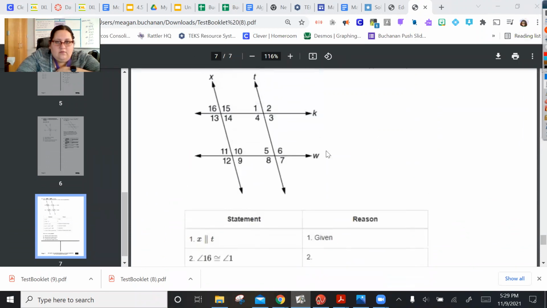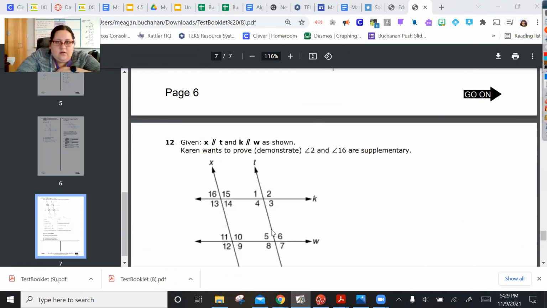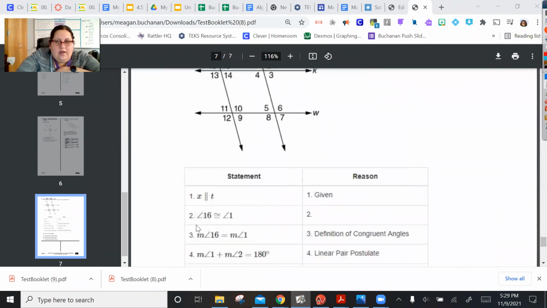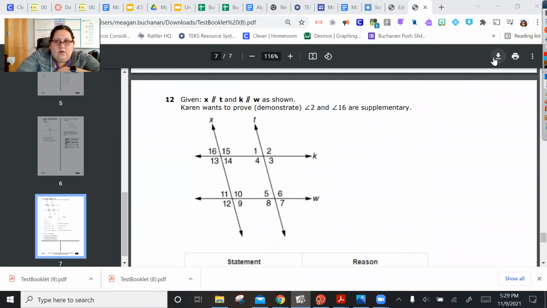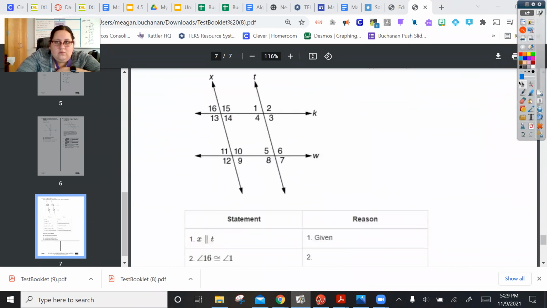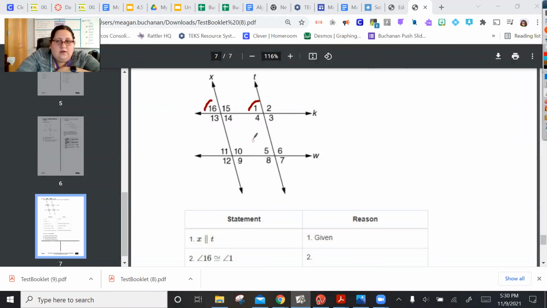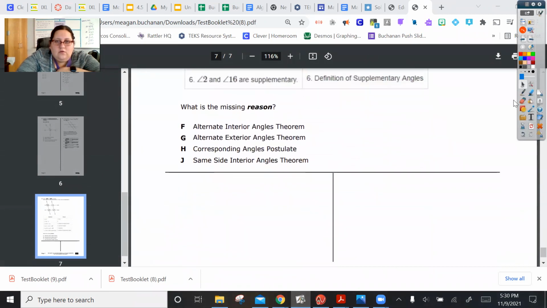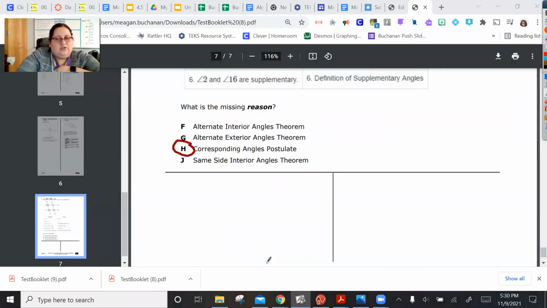So given these two are parallel, angle 16 and 1 are called corresponding angles. They're in the same position on the other line. So we look for corresponding angles, and there it is, corresponding angle postulate, number H.